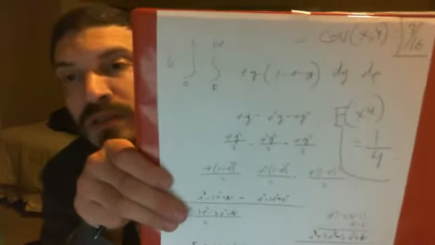Again, covariance by definition is E[XY] minus E[X] times E[Y]. E[XY] is a quarter, E[X] is a quarter, and E[Y] is a quarter, so it's a quarter minus a 16th, that's 3/16.